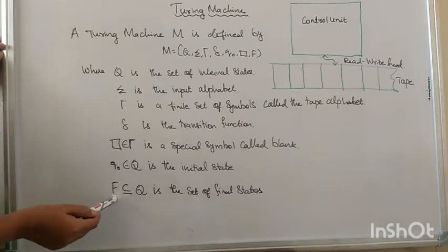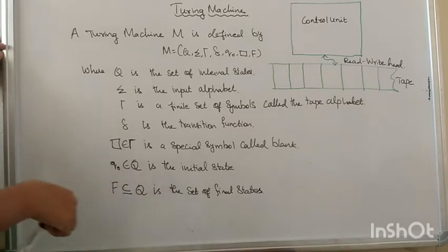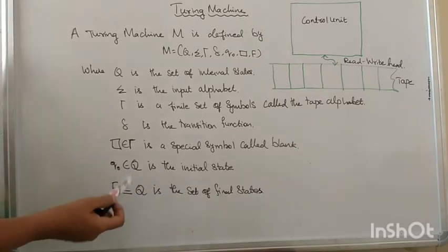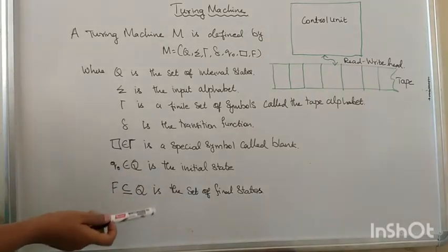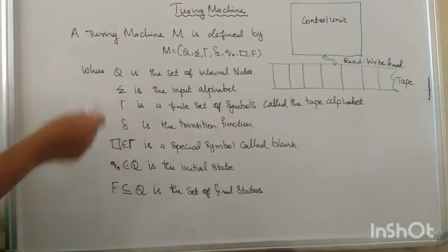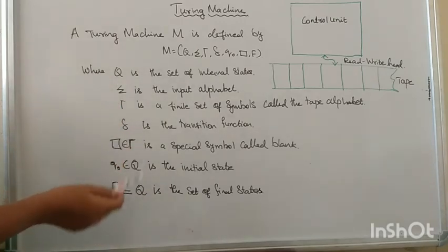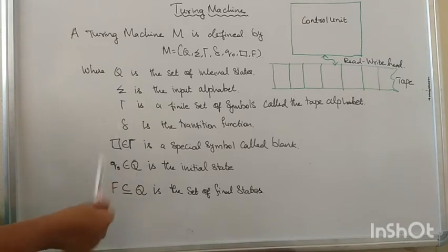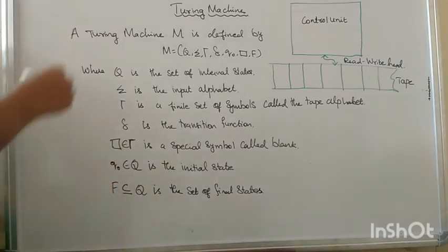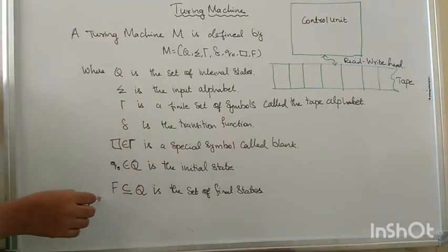And F is the final state. F is a subset of the internal states. It is not necessary to have only one final state. Our machine can have more than one final state also. So this is about the Turing machines.